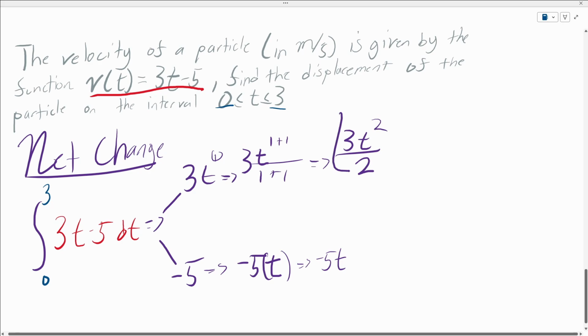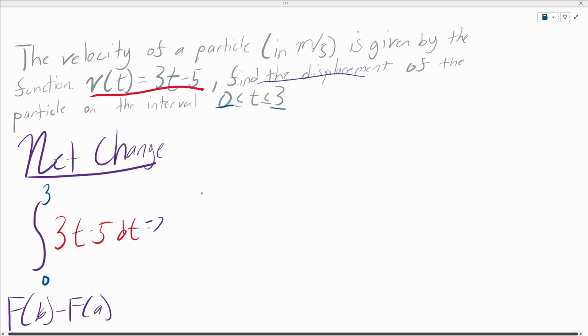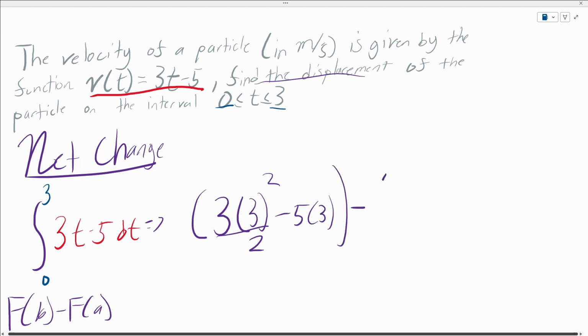So now that we have our integrals, we can use the net change theorem, remember f of b minus f of a, to get our total displacement, to find our answer. So we'll have 3 times 3 squared over 2 minus 5 times 3, minus 3 times 0 squared over 2 minus 5 times 0.